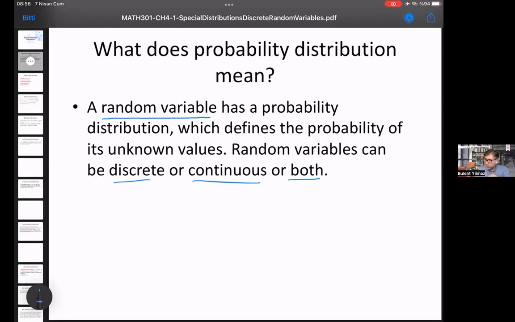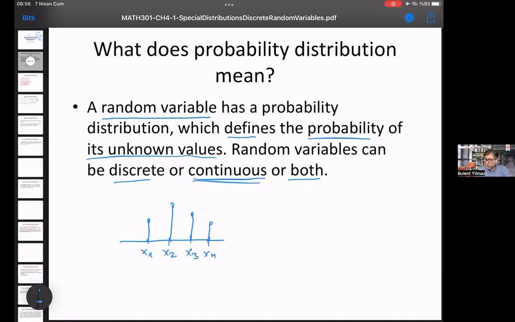Okay, probability distribution, again, very easy, guys. It defines the probability of its possible values. So I have the possible outcomes x1, x2, x3, x4, and then each one will have a different probability.